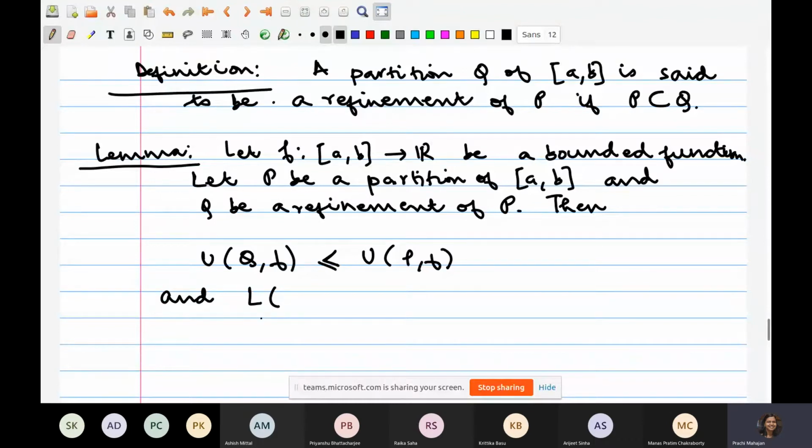All you have to do is replace the supremum by infimum everywhere. So I'll say that one more time: as we add more and more points into the partition, the upper sums decrease and the lower sums increase.